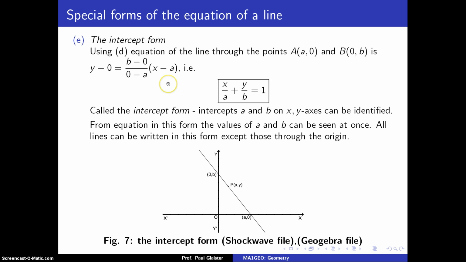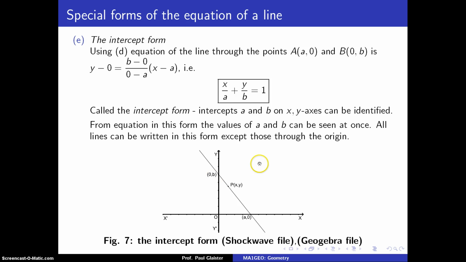That means one gets this equation, and on rearrangement we have this nice simple form in the box. And so x over a plus y over b equals 1 is always the equation of the straight line that has intercept a, 0 on the x-axis and 0, b on the y-axis.